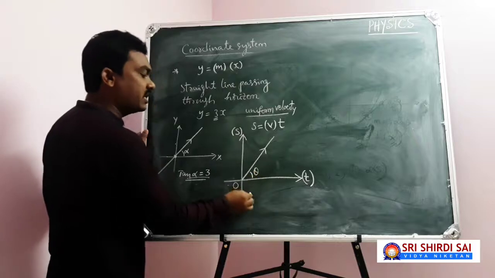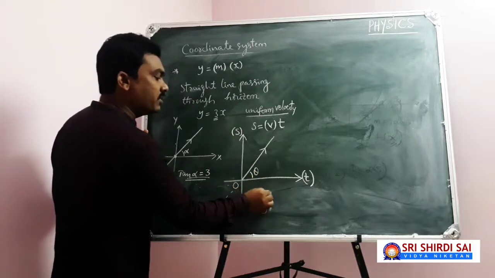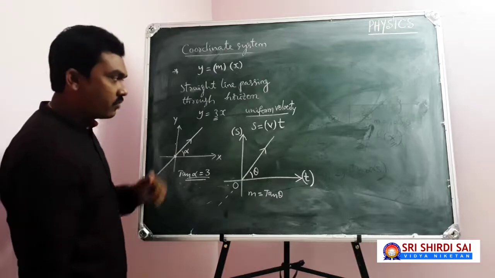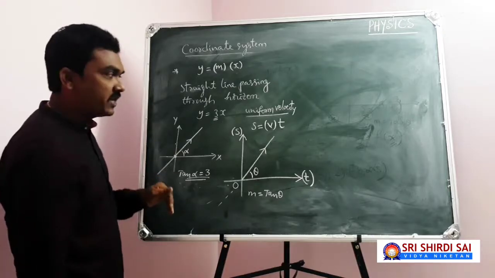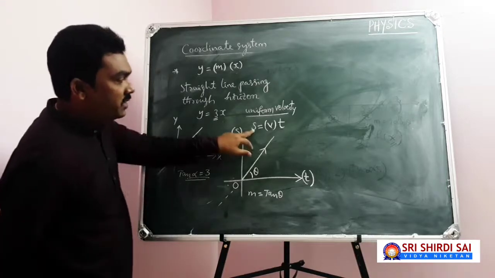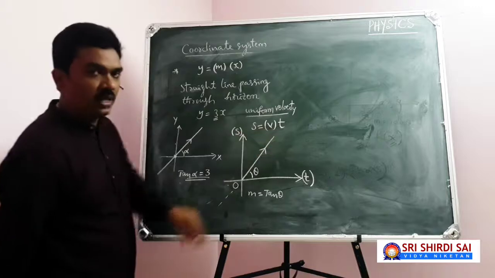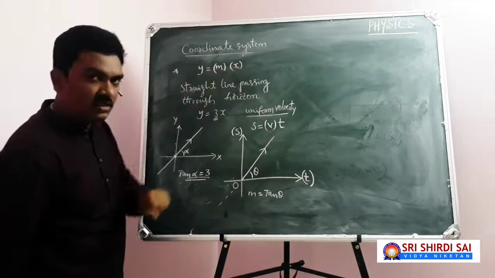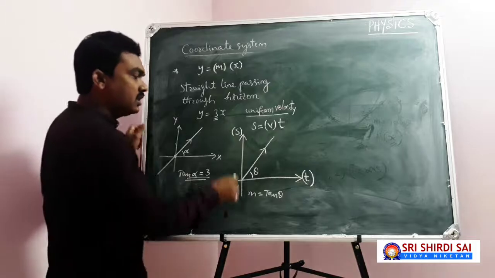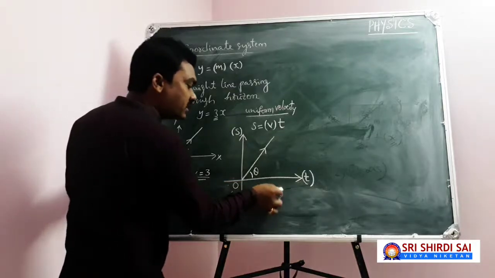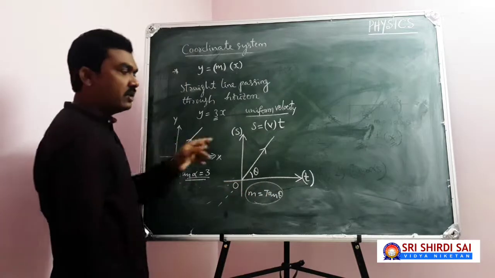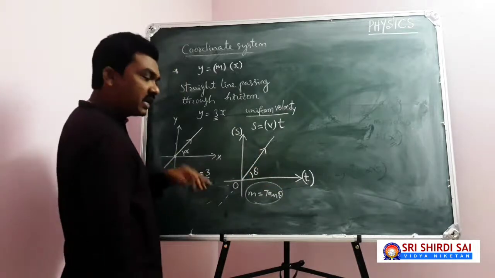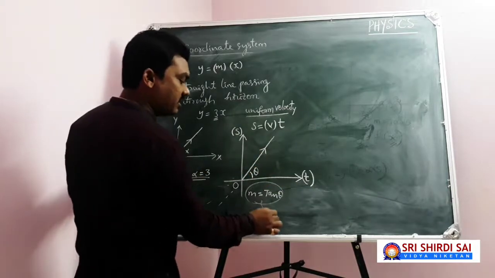If this makes an angle theta, then slope equal to m equal to tan theta, which is constant. Of course, you have to expect by this time, as the displacement equal to velocity into time, resembling y equal to m into x, that means the slope of displacement versus time graph gives the velocity.